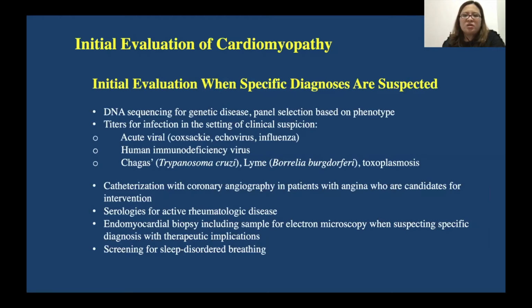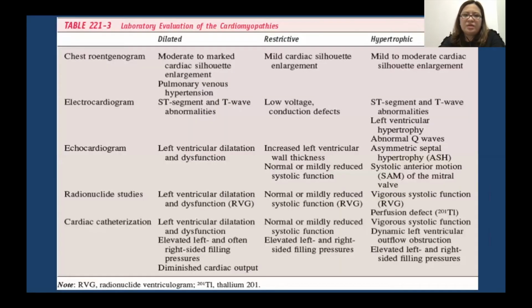So for patients complaining of angina who are possible candidates for intervention, you might want to request for cardiac catheterization with coronary angiogram. And for those who are suspected to be having active rheumatologic disease, you might request serologic test. So endomyocardial biopsy, including sample for electron microscopy when suspecting specific diagnosis is warranted. And screening for sleep disordered breathing.